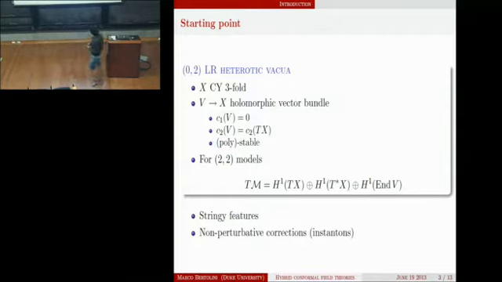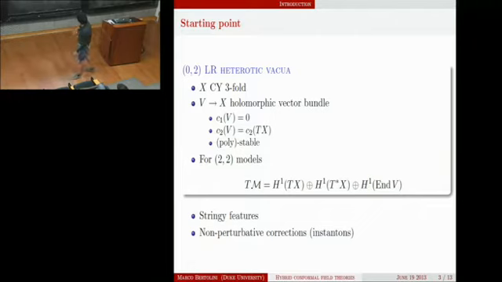So what's the most natural starting point for this kind of analysis? Well, let's take the large radius limit of Calabi-Yau. So we start with a Calabi-Yau threefold X. We take a holomorphic vector bundle on it with a condition that comes from supersymmetry or anomaly cancellation.